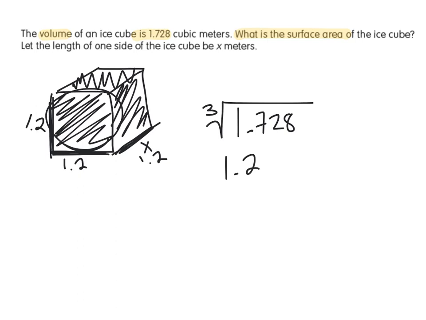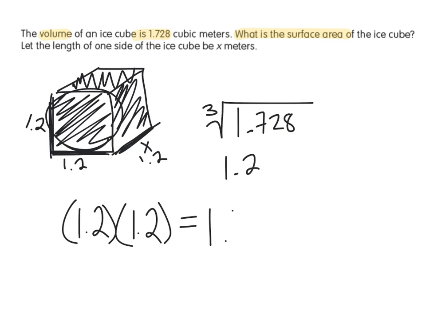How do I find the area of one surface? Well, to find the area of a square, you multiply length times width. So if I multiply 1.2 times 1.2, that equals 1.44 meters squared, and that is the area of one surface.